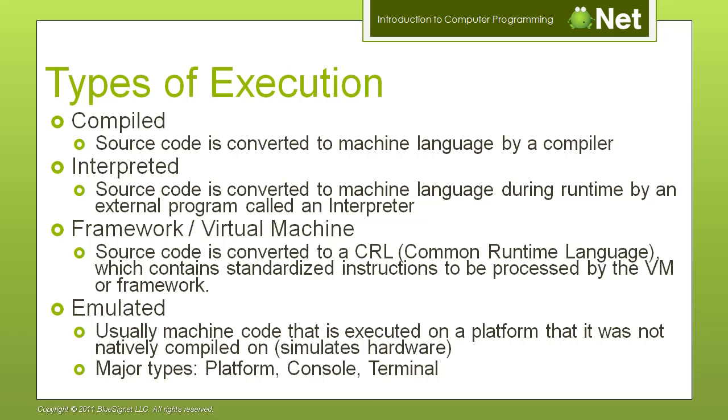After this are the framework and virtual machine execution types, where you have source code that's converted to common runtime language, which is the same across multiple platforms, and gets processed in a virtual machine and then compiled. That's kind of complicated, but when you compile something, you compile it for a particular operating system: for Windows, for a 32-bit processor, for a 64-bit, whatever. When you run in a virtual machine, you install a virtual machine that's designed for Windows 32-bit or 64-bit on another operating system, OS/2 Warp, whatever.